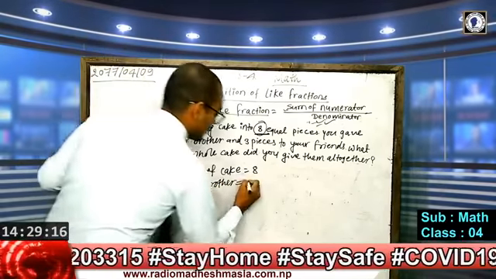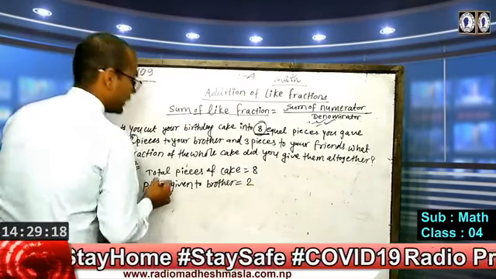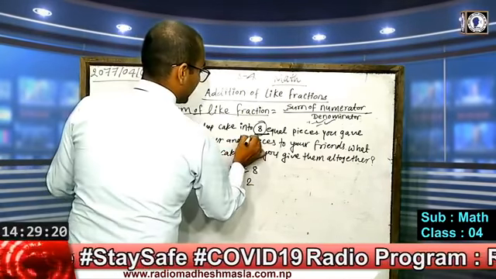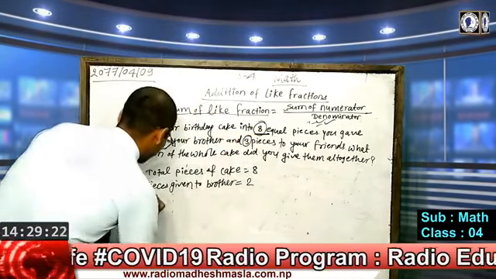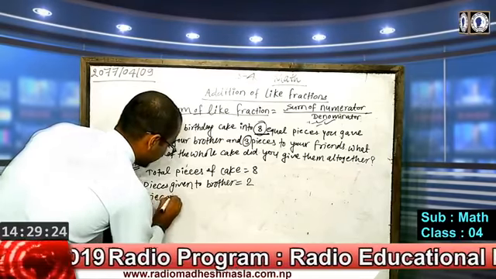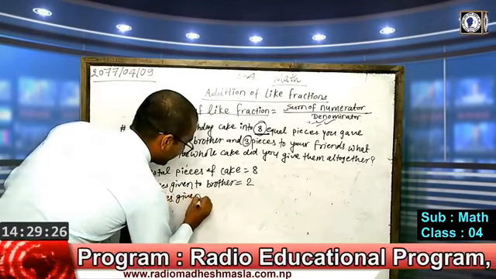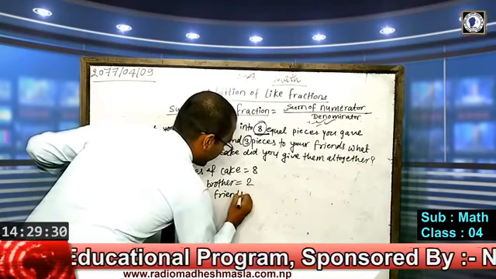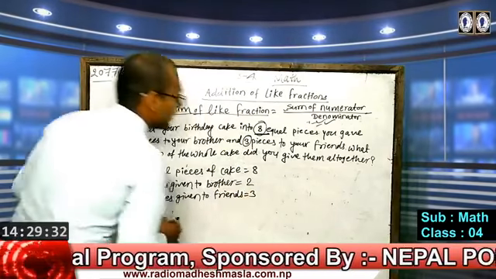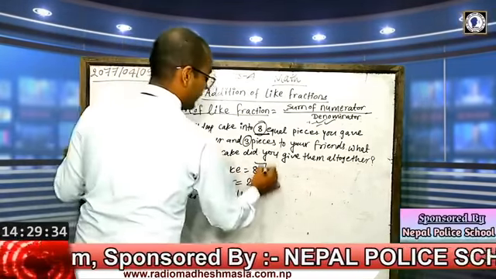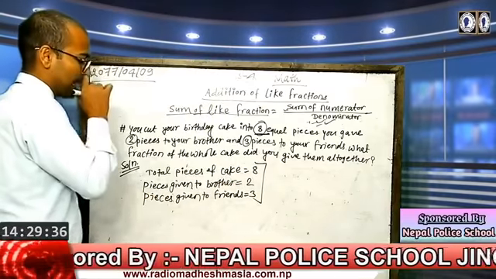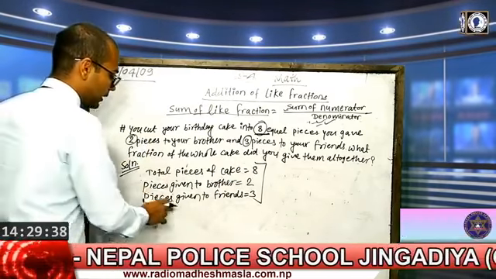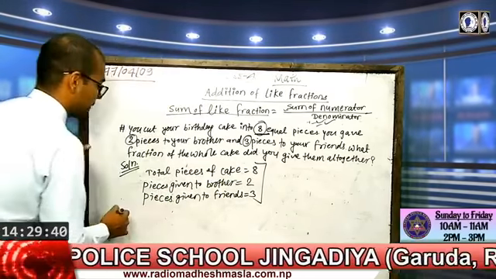In the same way, pieces given to friends is equal to what? 3. After finding all these, we should write the fraction of all these parts which are given or distributed.